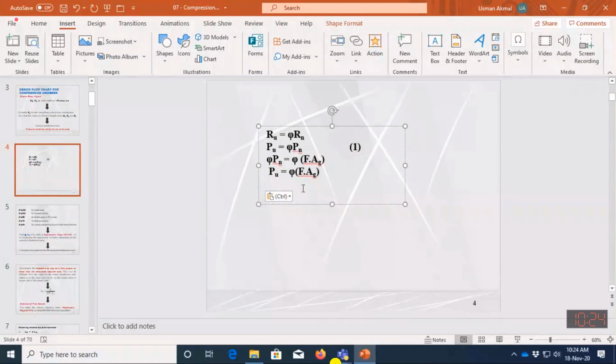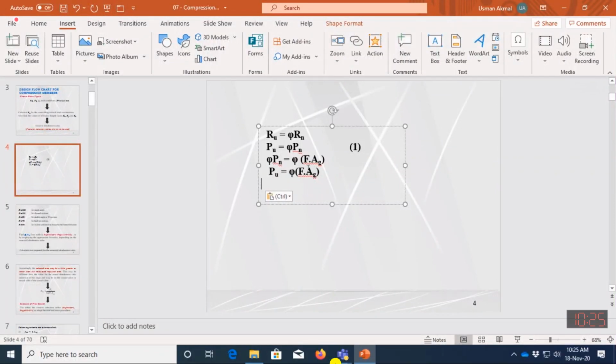And if a column fails at a stress value more than 44% of Fy but less than Fy, that is the intermediate or short column. It means that the failure stress is not any particular value, and it depends upon the slenderness ratio of the column. It is independent of material strength.